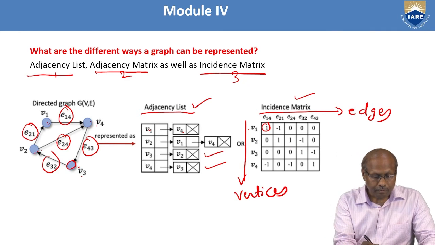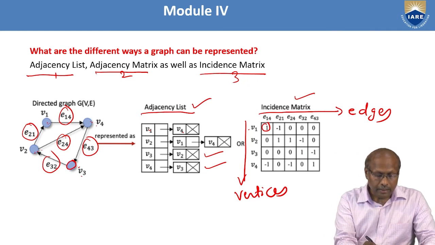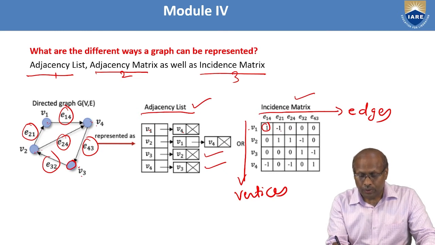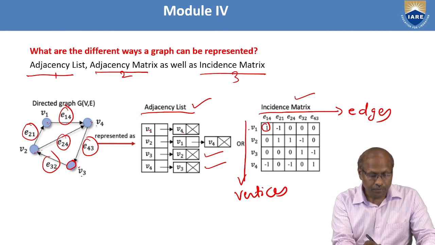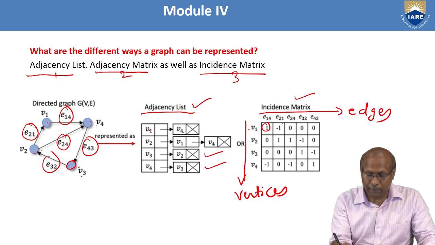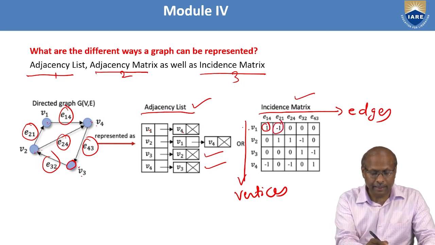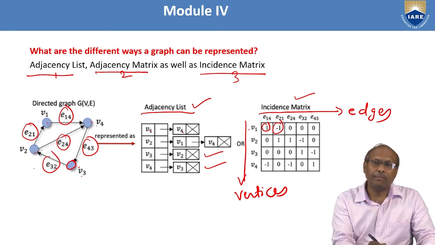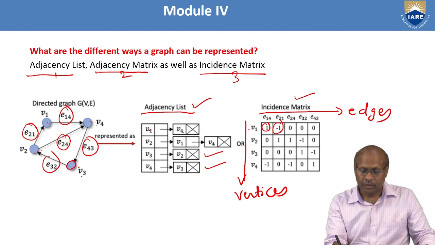Similarly, for V1 there is no E21, that means it is -1. -1 means the edge is there but in the reverse direction. Of course, you can write 0 also, but -1 says that there is an edge but you do not have the direction.